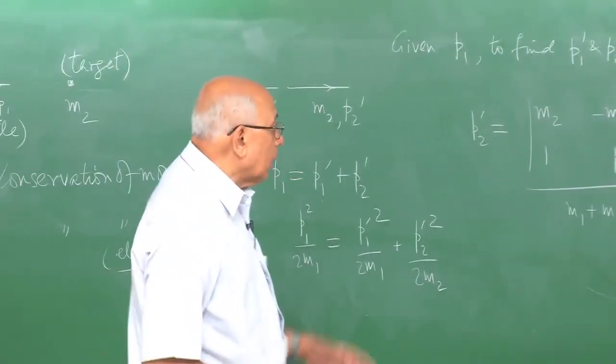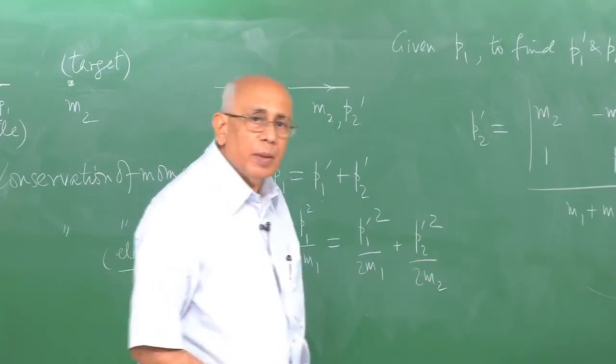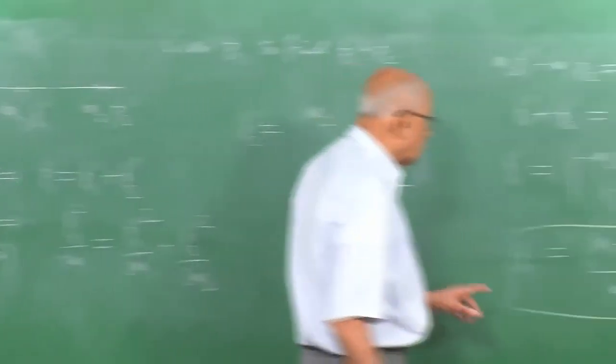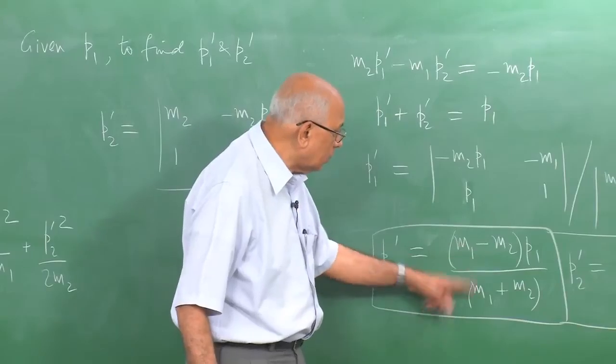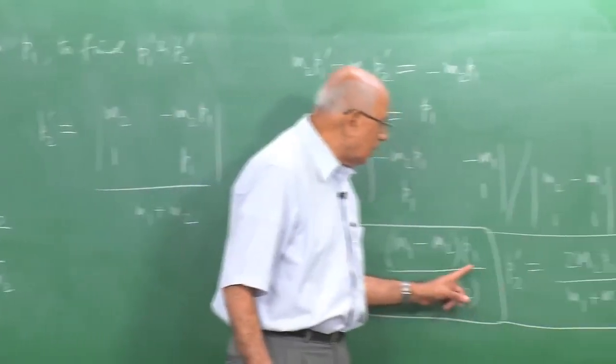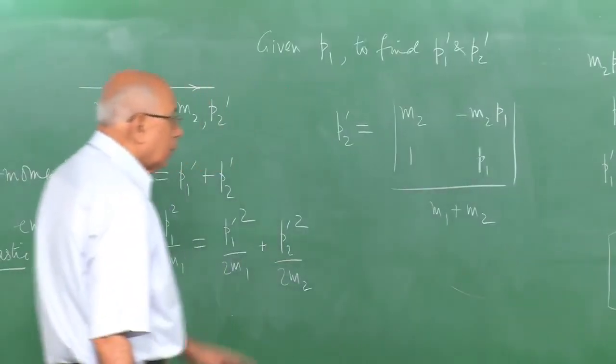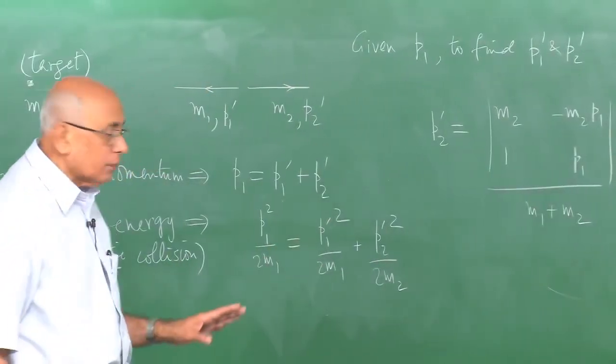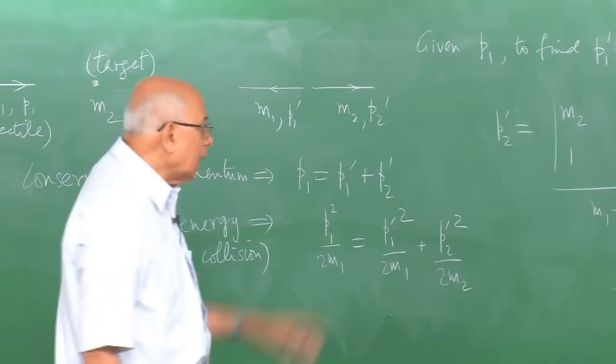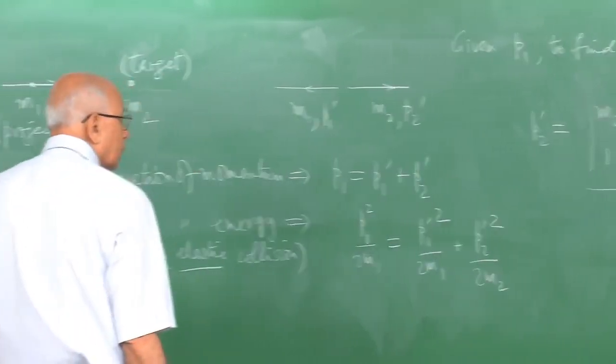Again, you see that p1 prime and p2 prime are proportional to p1, exactly as we expected on dimensional grounds, because these are dimensionless ratios of masses, and then you have a p1 here and a p1 there. So this completes the solution of this simple one-dimensional problem. We can actually extract some useful information from it.